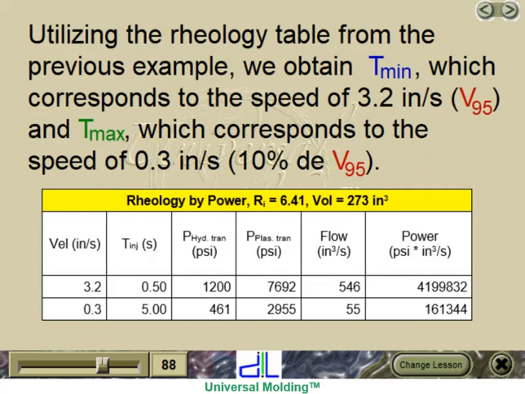Using the rheology table from the previous example, we obtain T minimum, which corresponds to the speed of 3.2 inches per second, V95, and T max, which corresponds to the speed of 0.3 inches per second, 10% of V95.